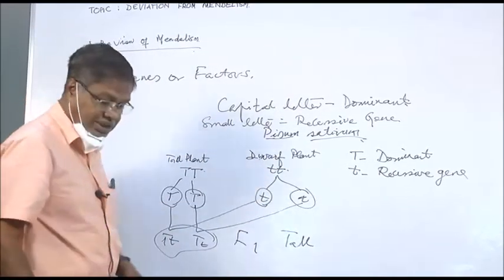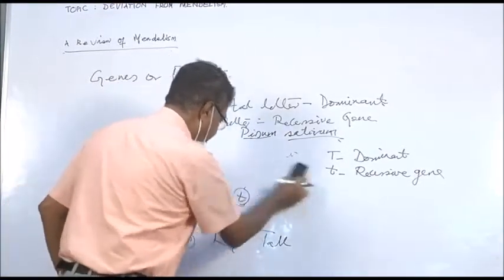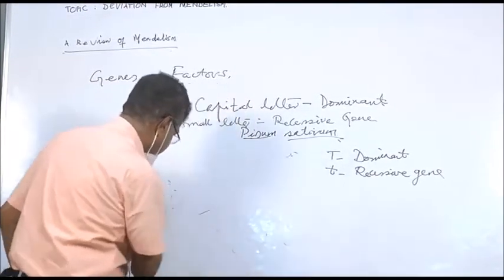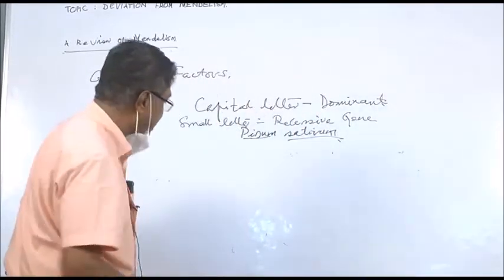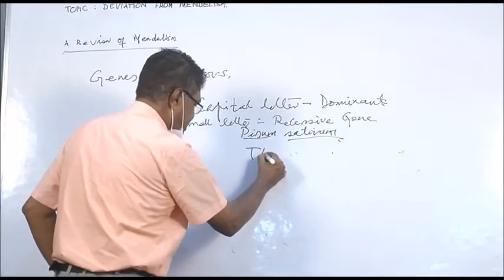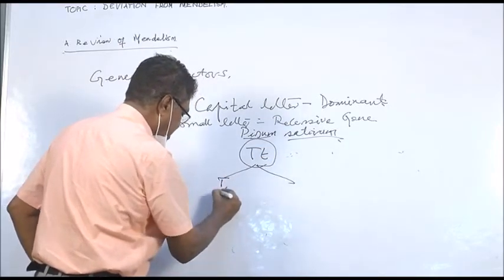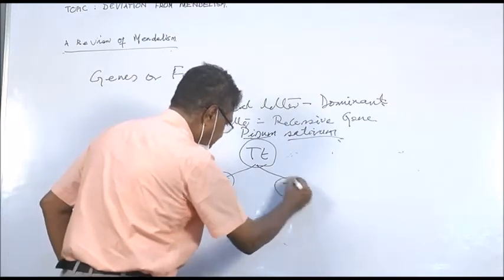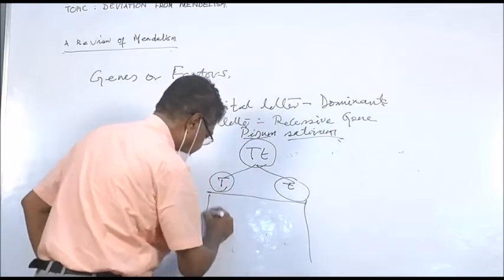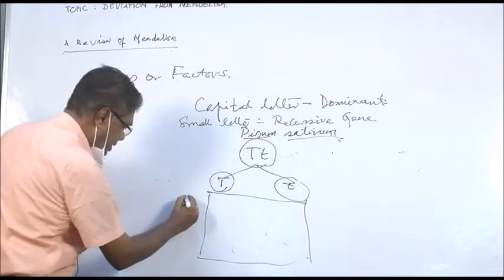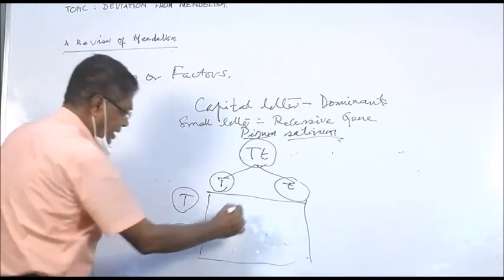Now, when these plants go further into F2 generation, the plant that has capital T, small t gives rise to two gametes, capital T and small t. This is male on one side and capital T, small t on the female side.